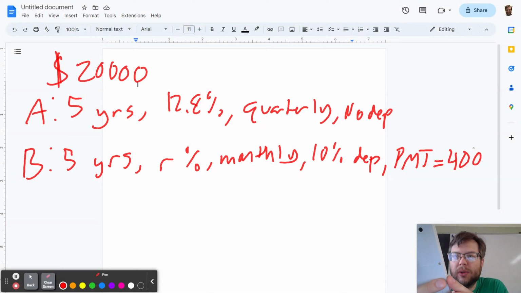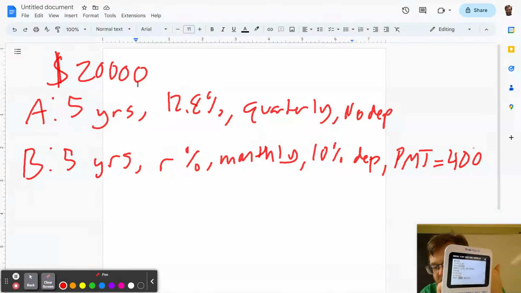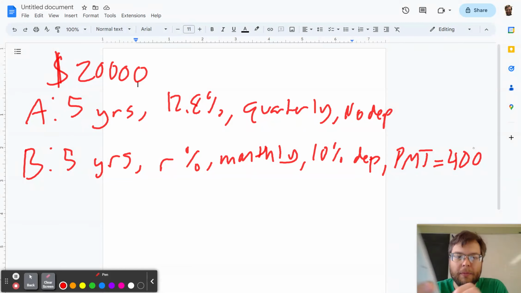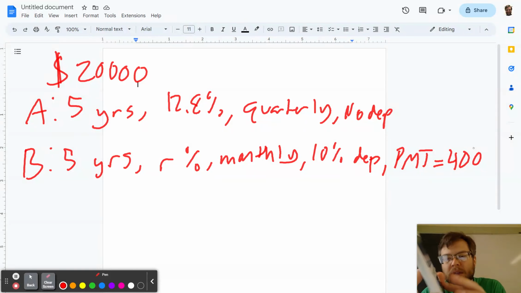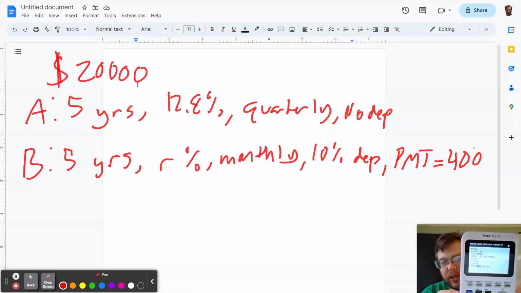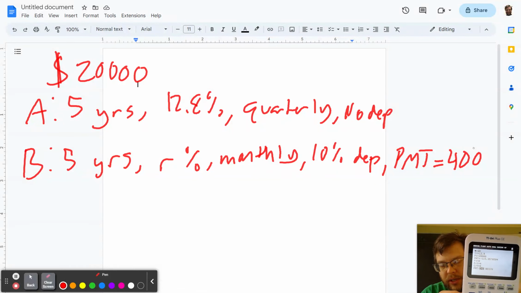The loan of 20,000 is a positive number because you received that money. The payment we don't know, so I'm going to skip it. The future value is 0 because you're going to pay it off. The P over Y and the C over Y should both be 4, like that.